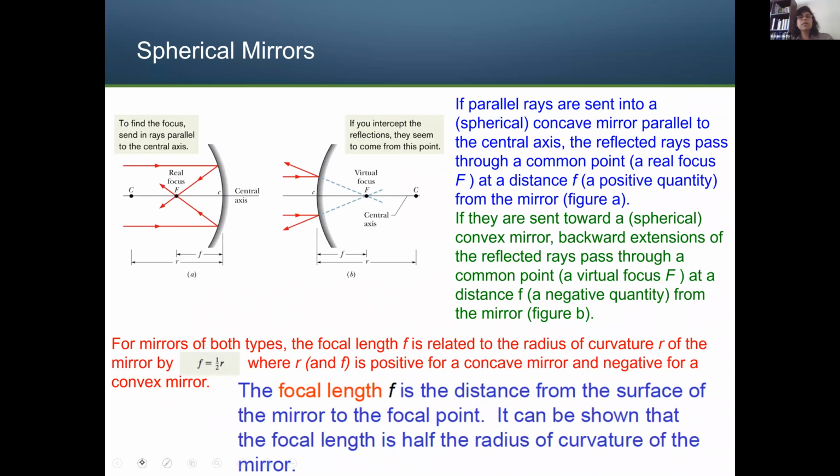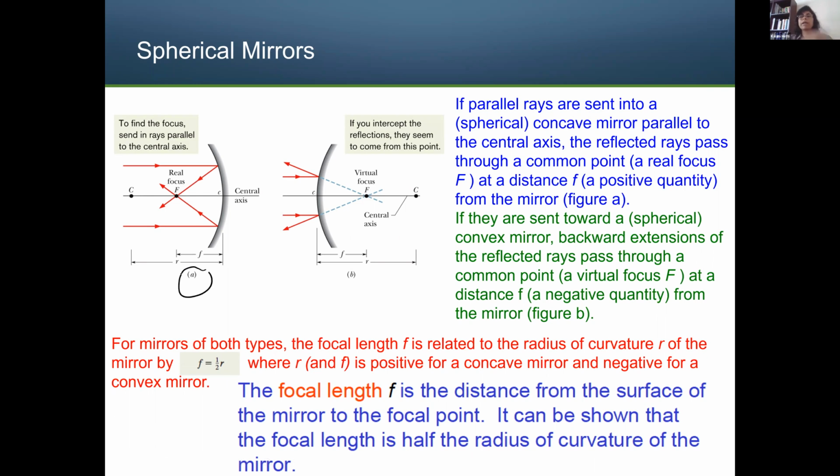So now let's focus on the focal point first, right? I mentioned earlier that the focal point is half of the radius, but how do you find it? When you go to the experiment, you're going to find the focal point of a concave mirror, convex mirror, convergent lens, and divergent lens, right? So now this is for your concave mirror.